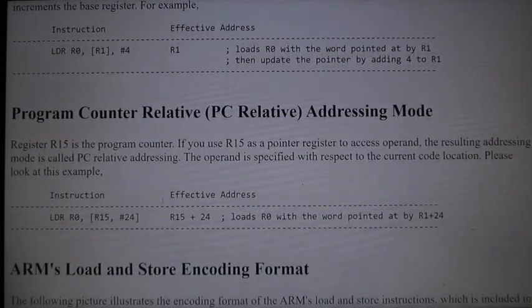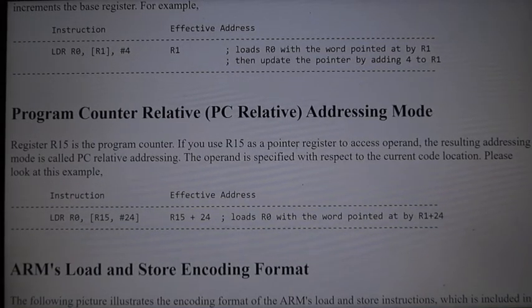Then we also have the program counter relative addressing mode. Register 15 is the program counter. If you use register 15 as a pointer register to access an operand, the resulting addressing mode is called program counter relative addressing. The operand is specified with respect to the current code location.